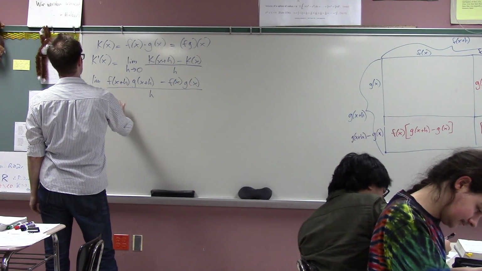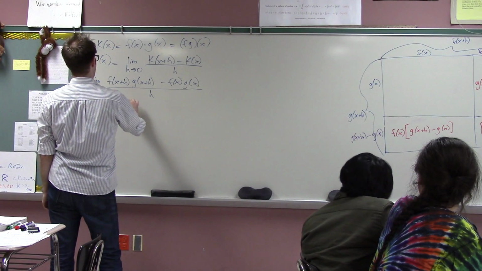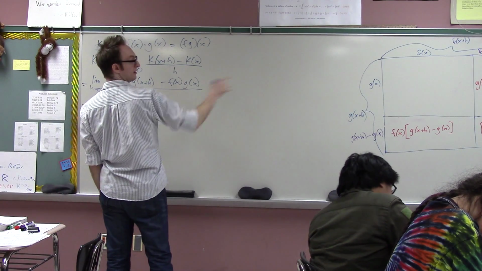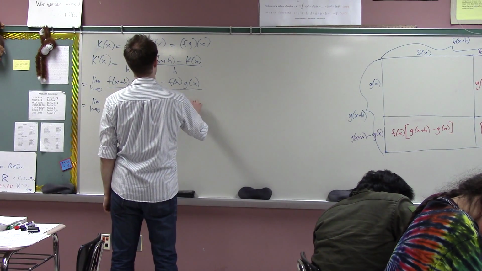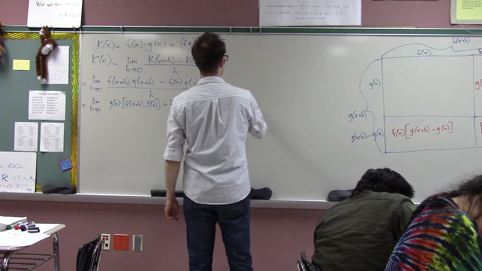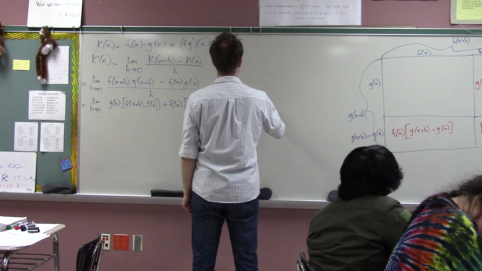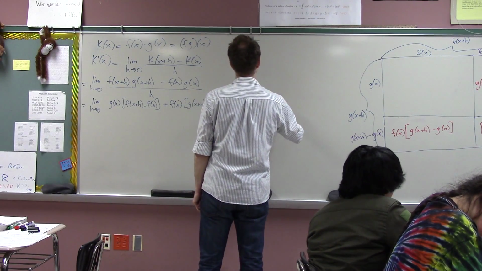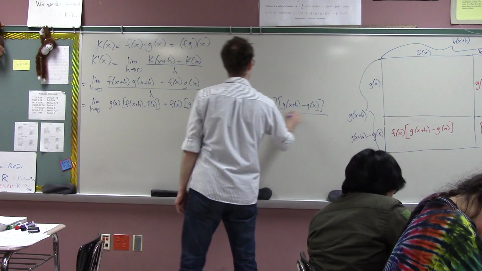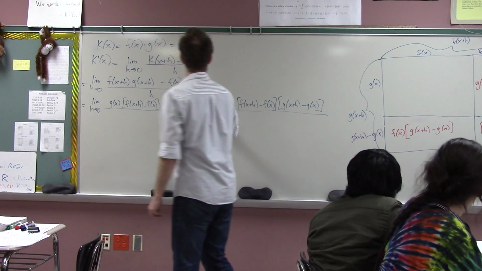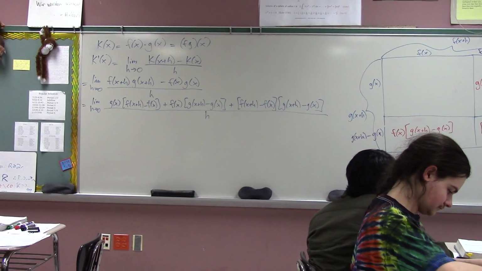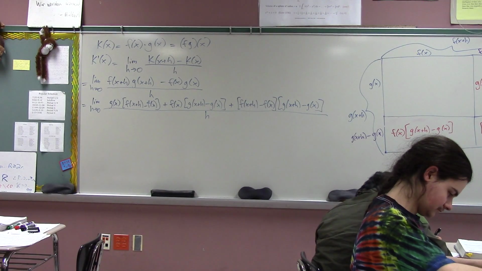It is g of x, f of x plus h minus f of x, plus the other rectangle, plus this other one, over h. Whoa.